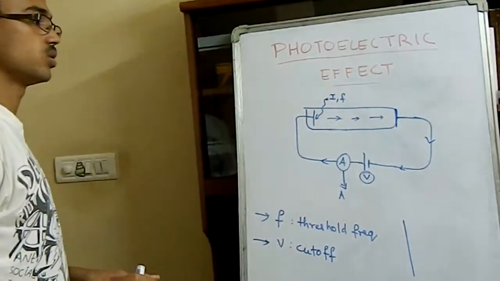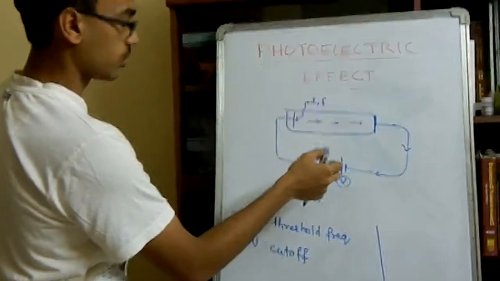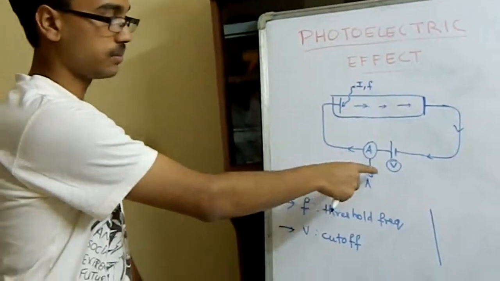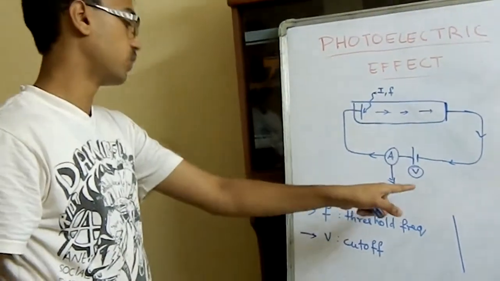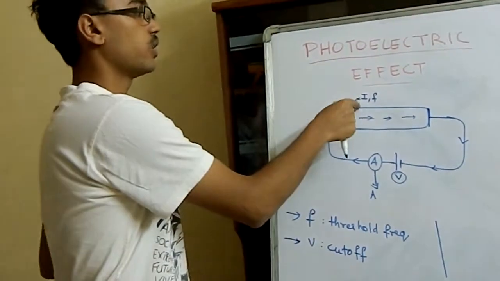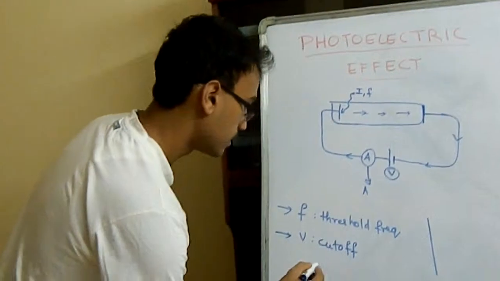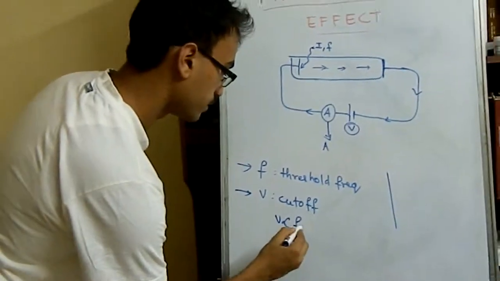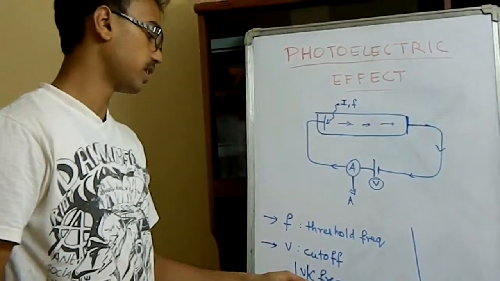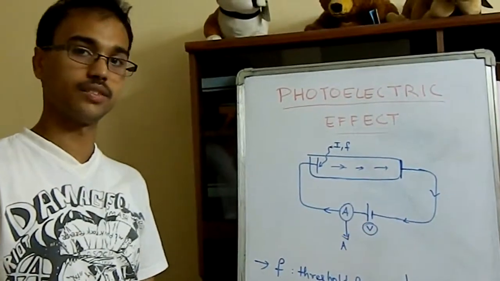So when a negative voltage is applied, the photocurrent decreases, until at a particular opposing voltage the photocurrent becomes zero, irrespective of the intensity. And the magnitude of this cutoff voltage V is directly proportional to the frequency. So if you double the frequency, the opposing voltage that you need to apply to stop the photocurrent will also be doubled.